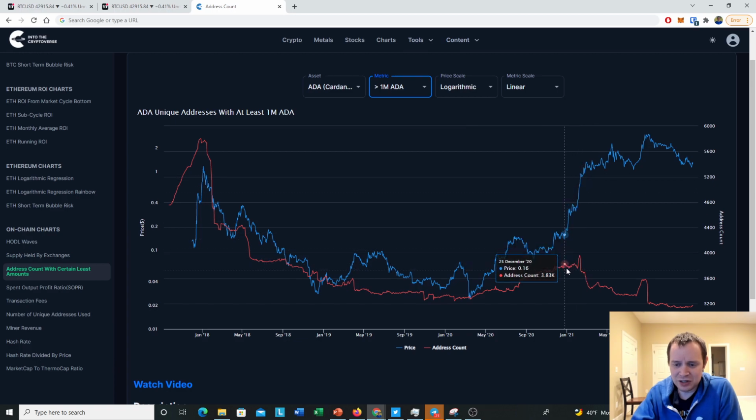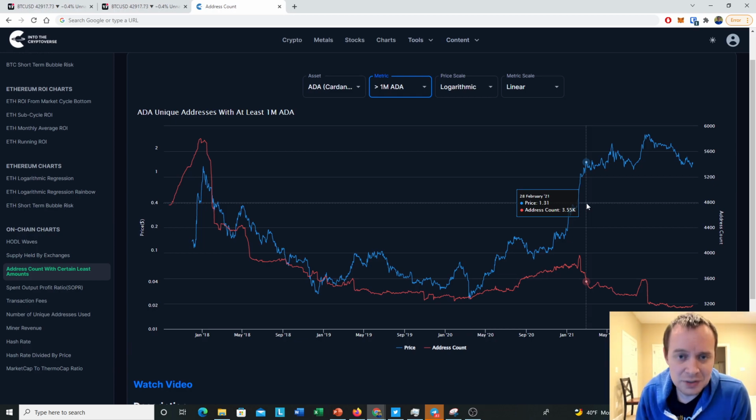And then once price started to really go up, the number of wallets holding 1 million ADA started to really go down. So basically, what you can learn from this is that some of the people that were accumulating through here into this uptrend started taking some profits up over here, especially the ones with over 1 million ADA.